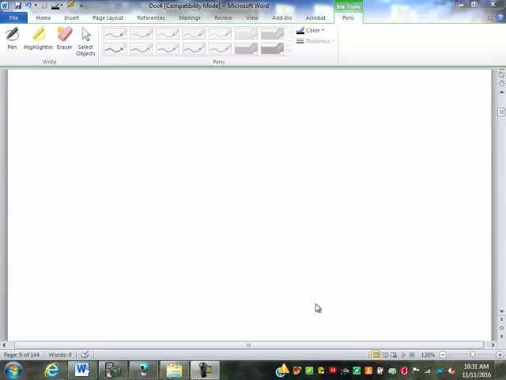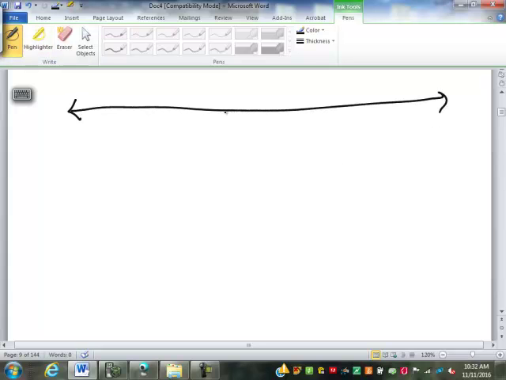So what we're looking at is representing our numbers. And we talked a little bit at the beginning of the course about representing numbers on a number line. And there was a couple of different ways that we represented them.